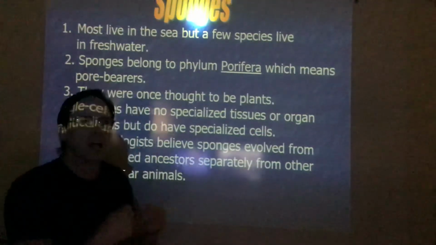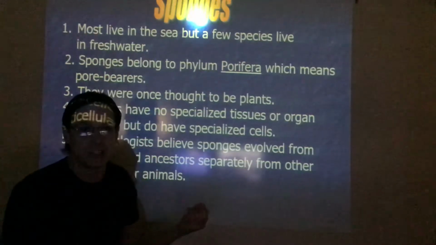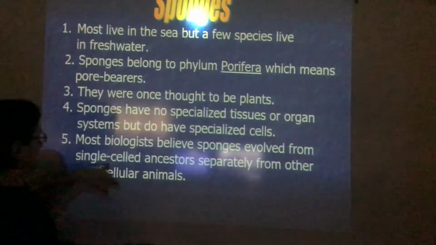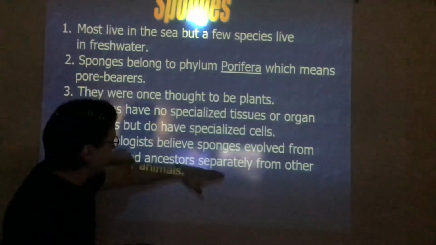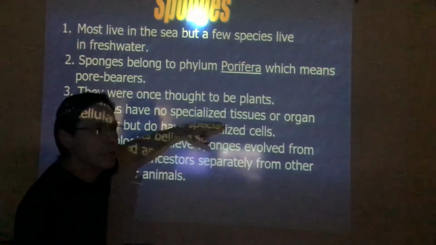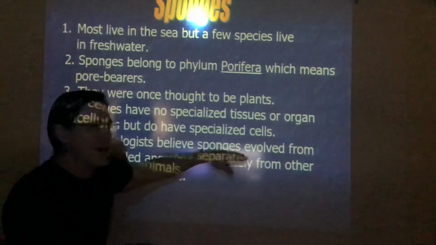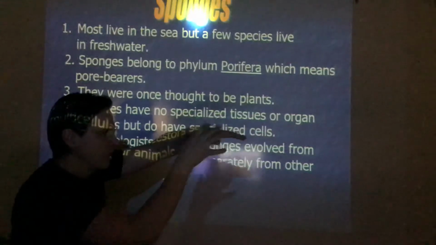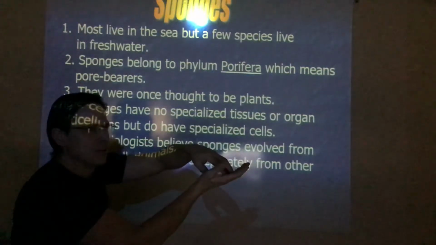So a lot of these are speculation or hypothesizing or extremely well-educated guesses, because when you look at how they're laid out and compare them to single-celled organisms such as bacteria, the next organisms that go up a little better are the sponges. They're considered to be multicellular, but they're not real advanced. So until we find something else, we're pretty sure the multicellular organisms came from the basic single-celled organisms.